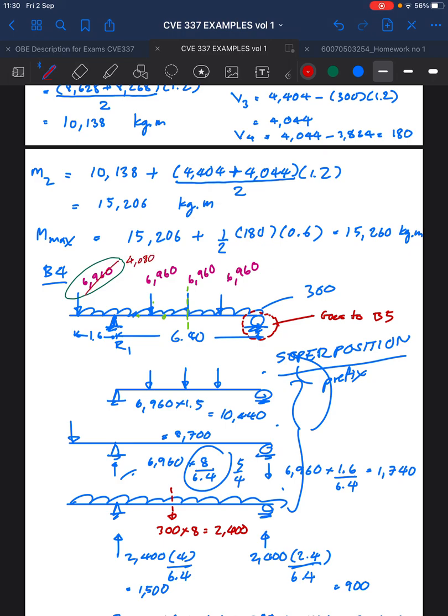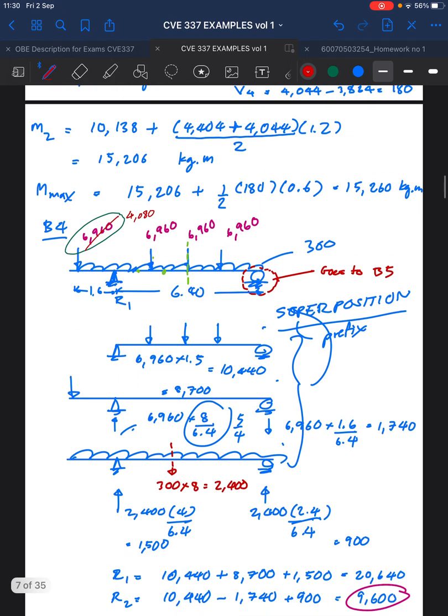So the correct loading here will have to be 4080. But this is very fortunate because I used superposition to calculate the reactions of B4. So that means this is already correct, and all I have to do is fix this one. Okay?